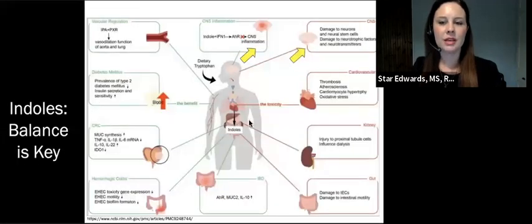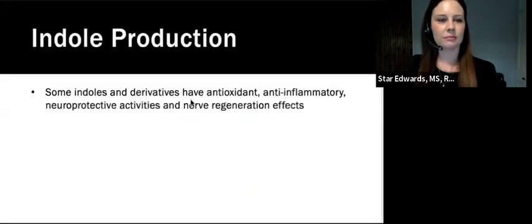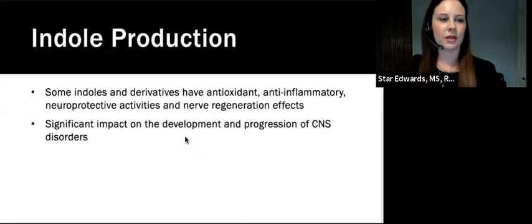However, as we see here, while there are many benefits of having a balanced level of indole, elevated indoles can be toxic to many systems, including the intestinal barrier, the kidneys, the cardiovascular system, and the brain by damaging neurons and neural stem cells. Some indoles and derivatives have antioxidant, anti-inflammatory, neuroprotective activities, and nerve regeneration effects.